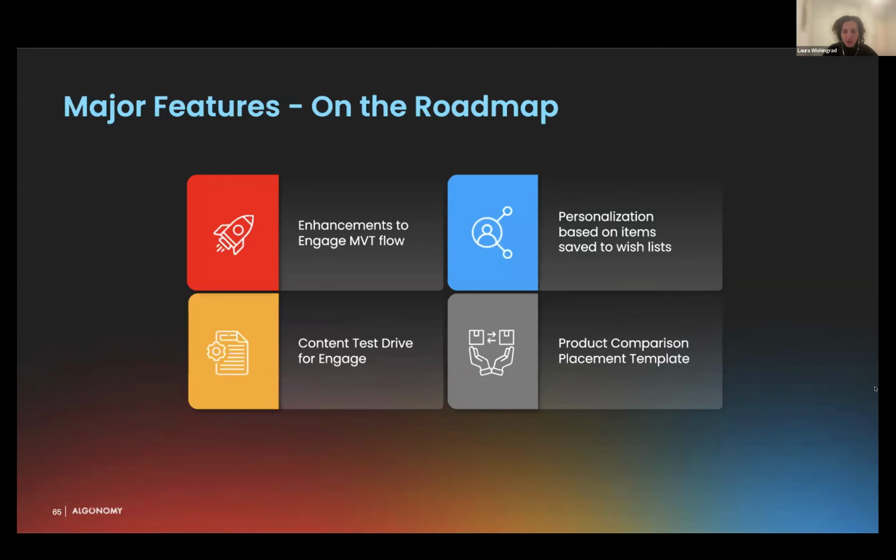This has a special layout that typically will show the products, but also in a grid form, highlight the differences across a set of attributes. And so we have the product comparison rules that will enable you to control what attributes are used, and also we'll have a dynamic experience template for these product comparison placements.